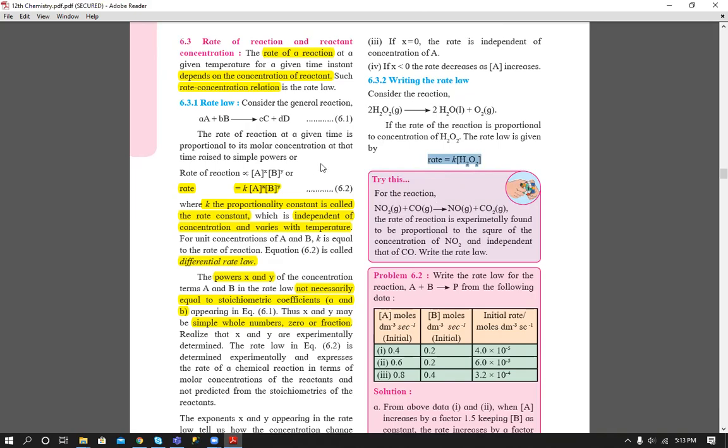Sometimes there is no dependency of the reaction on any of the reactants. So that reaction is called a zero order reaction. It is independent of the concentration of A or any other concentration, so that reaction is called a zero order reaction.